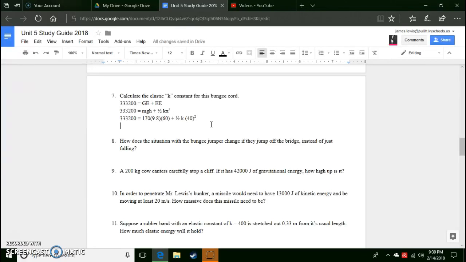Okay, so that gets subtracted off of the total, so 99,960. So that minus 99,960 equals, okay, so I have 233,240 here, and then what's 1/2 of 40 squared?